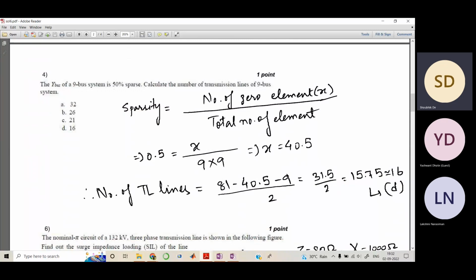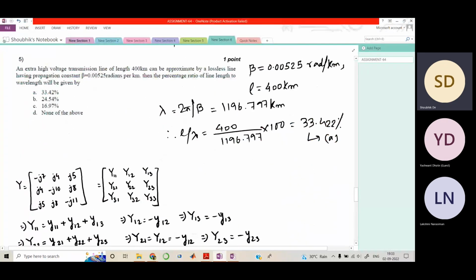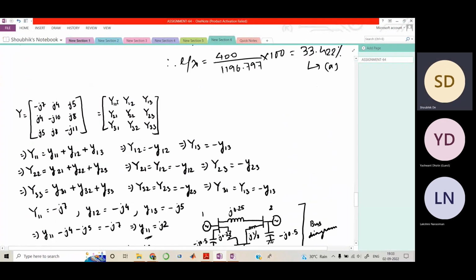Now you may ask why we are subtracting 9 here. If I take you back to this, and you concentrate on the diagonal elements, y11, y22 and y33, you saw that y11 is the sum of all the admittances corresponding to bus 1.